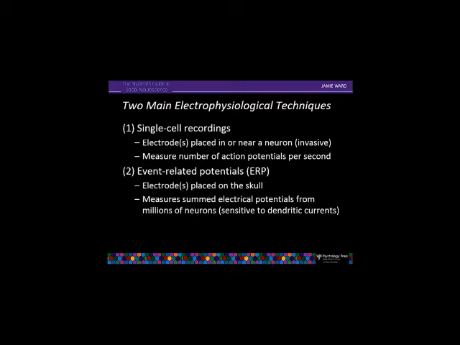One at the level of individual neurons or clusters of neurons together, and one at the scalp, which effectively means you're measuring millions of neurons that happen to be firing in sync. So you've got very low spatial resolution if you're measuring at the scalp, but you've still got good temporal resolution. As soon as neurons are firing, in effect, you can measure it, both at the scalp and in terms of sticking an electrode in.